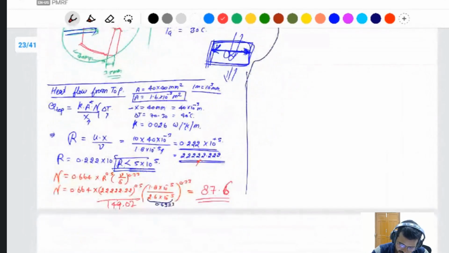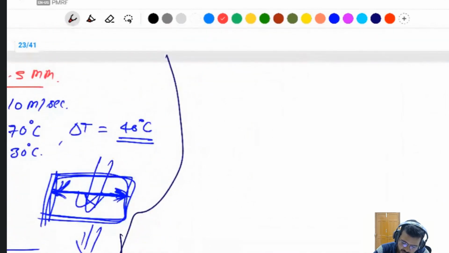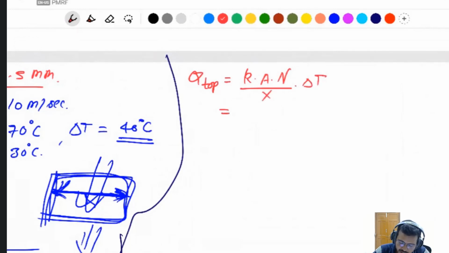If n is calculated, then put the value here for Q top. Q top is k area Reynolds number x into delta T. k is thermal conductivity, given as 0.026 for the air. Area also calculated, 0.6 into 10 to the power minus 3 meter.